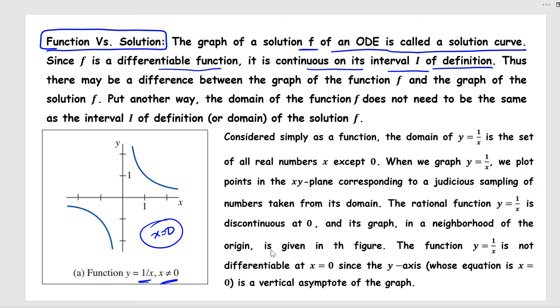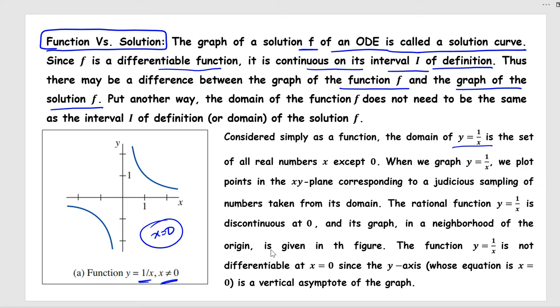Thus there may be a difference between the graph of the function and the graph of the solution. So function f and solution f are two distinct concepts. For the function 1 by x, the domain of the function is the set of real numbers except 0.